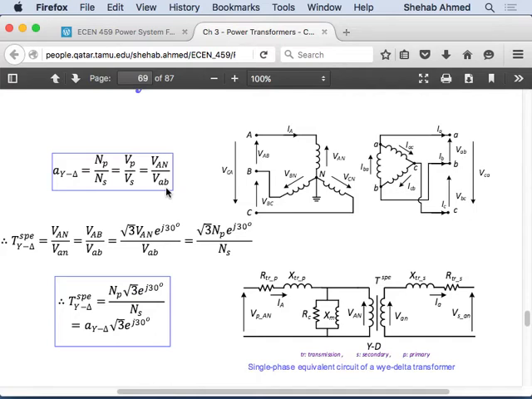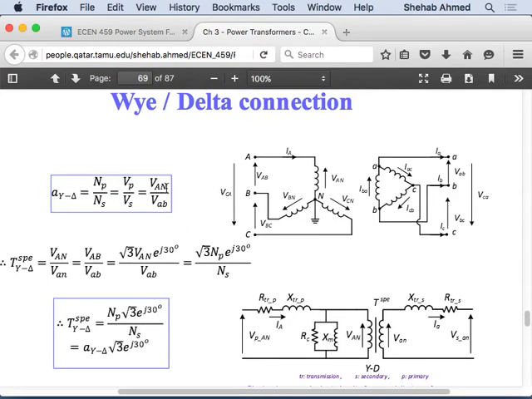In a star star, it's the ratio of the same voltage. So it's either the phase voltage on the primary and phase voltage on the secondary, or line voltage primary and line voltage secondary. The ratios will tell you what the turns ratio is. But in a star delta transformer, it's not. It's the ratio of the phase voltage on the primary and the line voltage on the secondary, right?